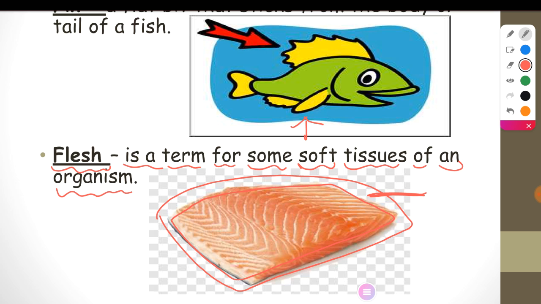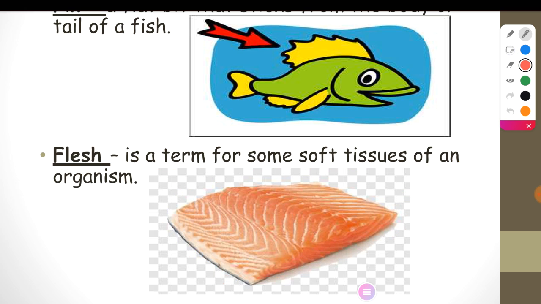And there is the flesh for chicken, for a hen, right? And also we as humans have our own flesh. All right? So let's go to the remaining words.